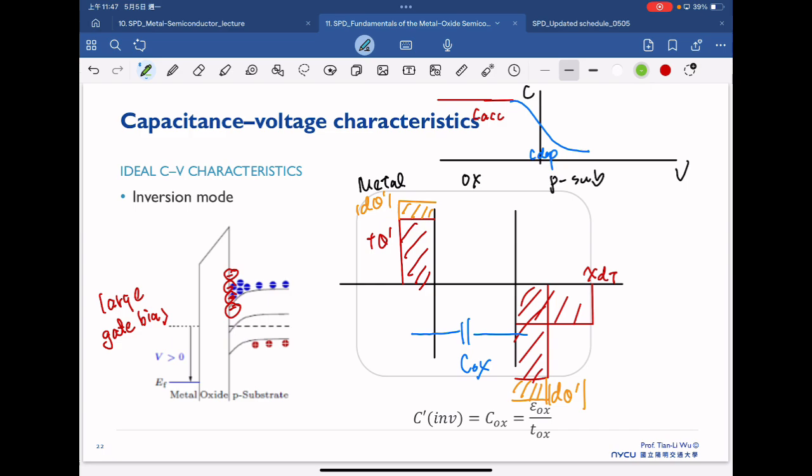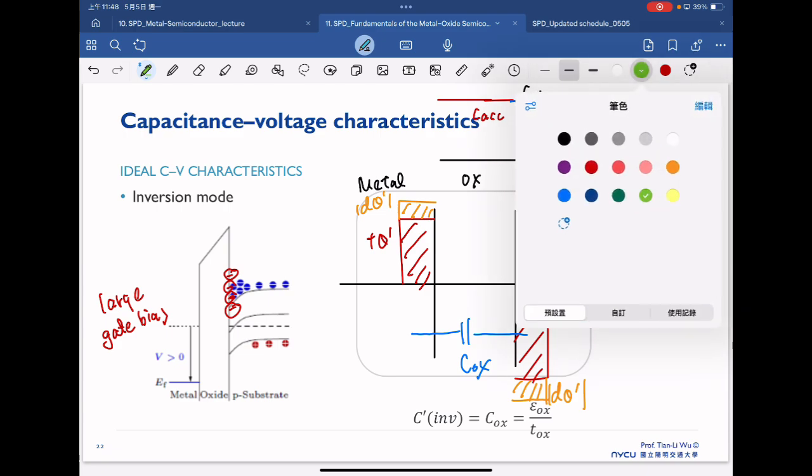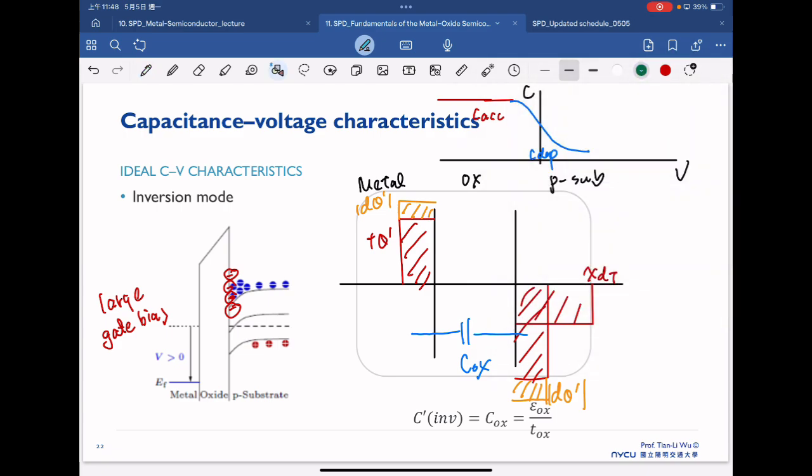But afterwards, because right now we will start to have this dQ plus here and dQ minus here, under the very strong large gate bias, that can cause a high inversion electron density in this place. So that means the inversion capacitance should be the same as the accumulation.